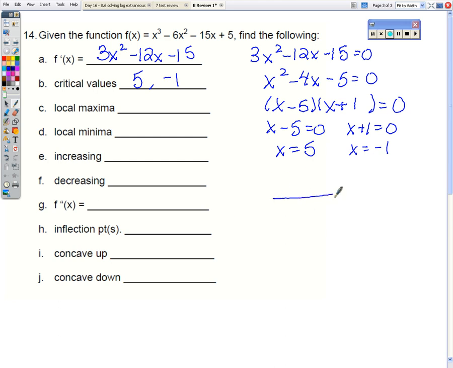So I'm going to make my chart. Plug the values into f prime. See if I get a positive or negative. So let's choose negative 4, 0, and 10.